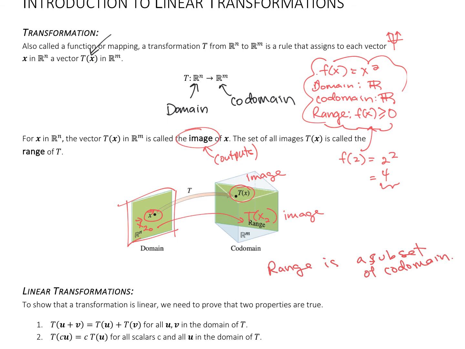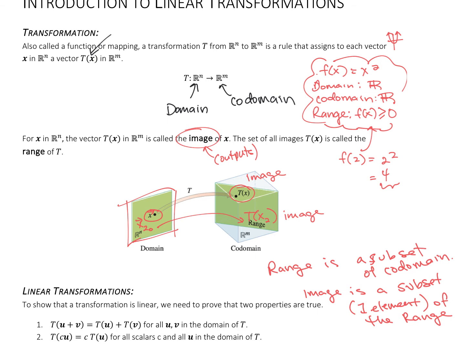And if we take that a step further, an image is a subset, generally with one element, of the range. I was going to come up with an analogy, but my analogy was going to use more math.